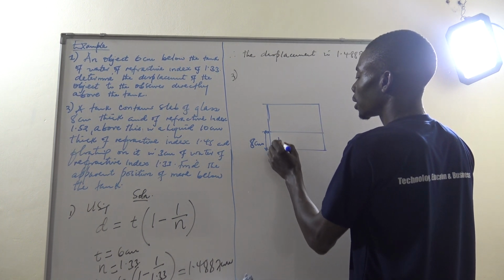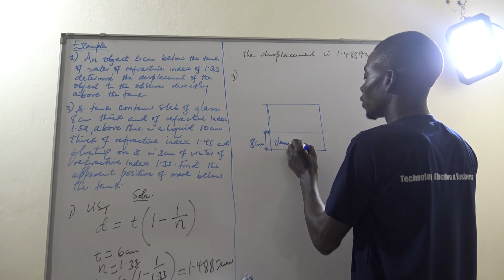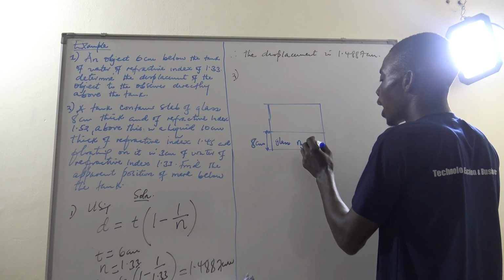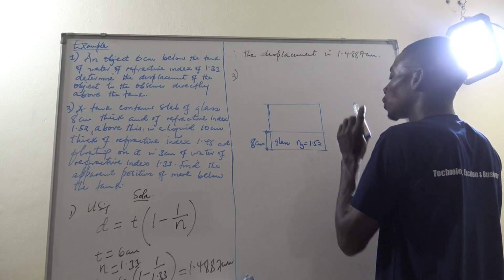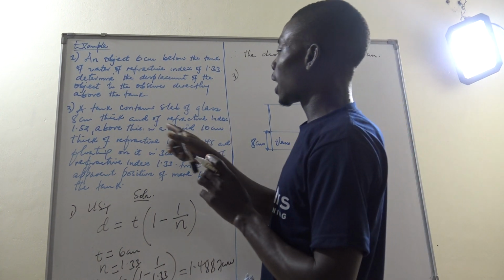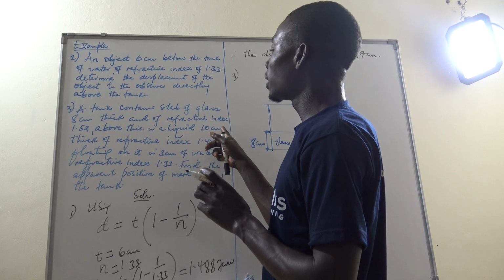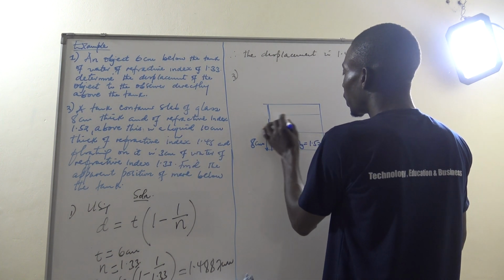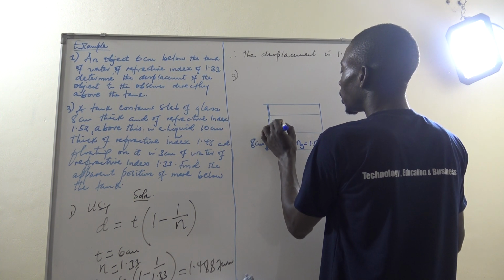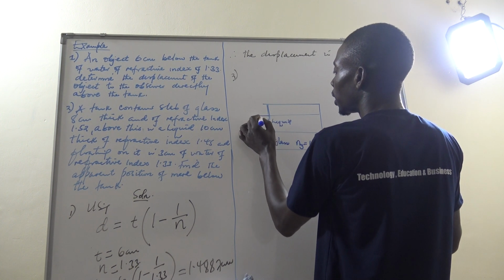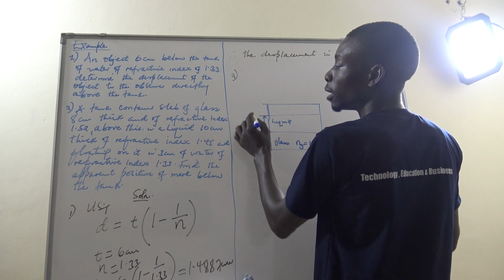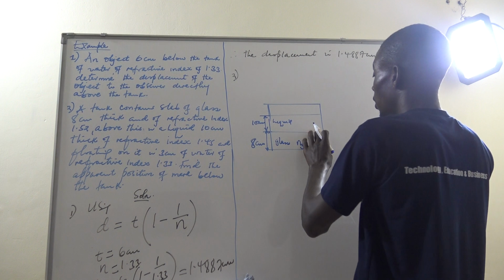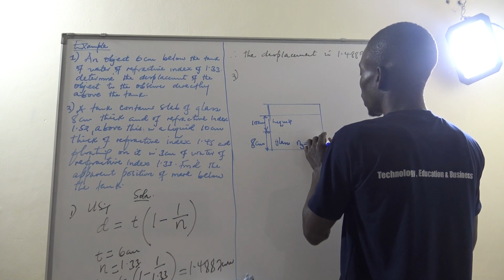This is my glass, and I've said refractive index is equivalent to 1.502, and then above this is the liquid 10 centimeters thick. Here above this glass there is a liquid, so this is a liquid. Its thickness is 10 centimeters.